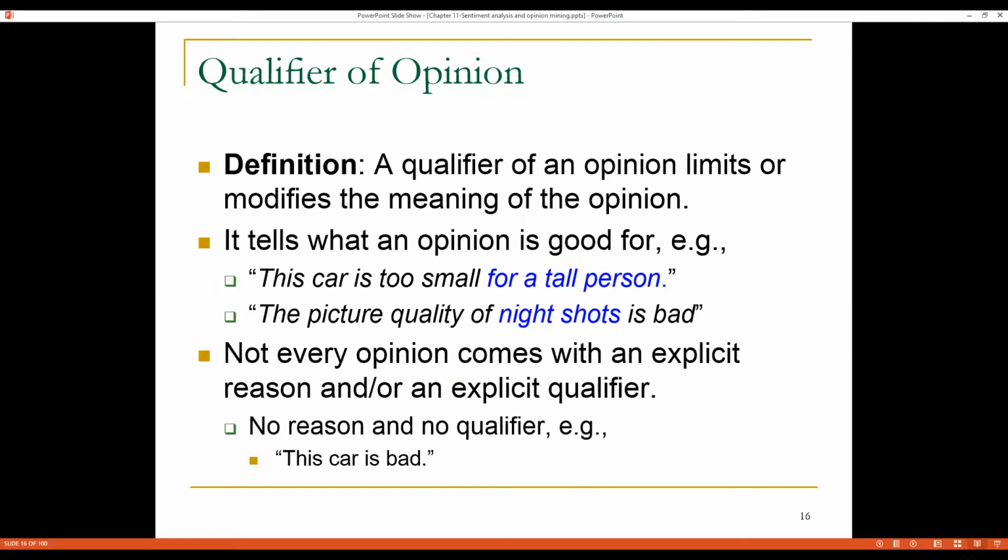And you also got to remember that not every opinion comes with an explicit reason or an explicit qualifier. For example, a sentence with no reason and no qualifier is this car is bad.